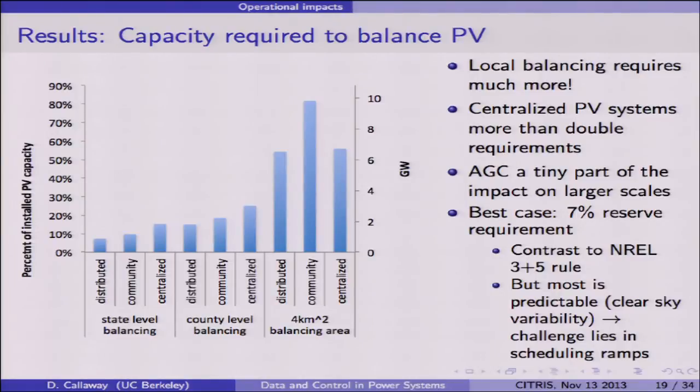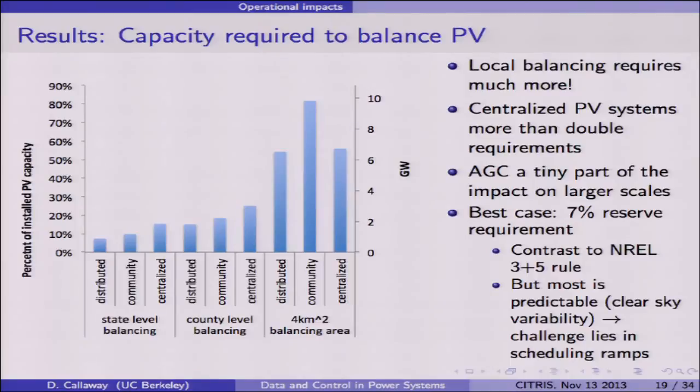So this shows the results. Let's first start by just looking at the first 3 bars. Try if you can to block out the other 6 bars for the moment. What we're looking at is, for the distributed, community, and centralized scenario, how much balancing capacity do we need? What's the sum of the requirement for frequency regulation and load following?